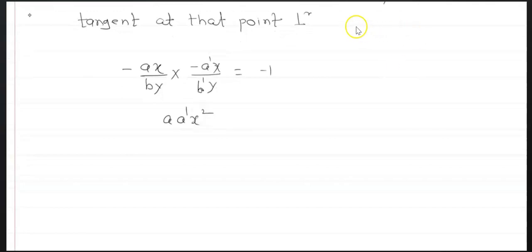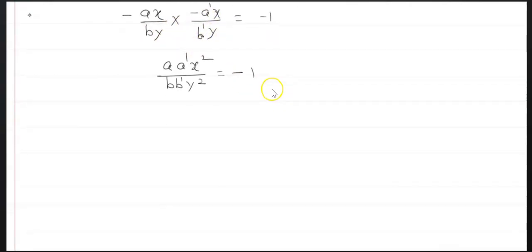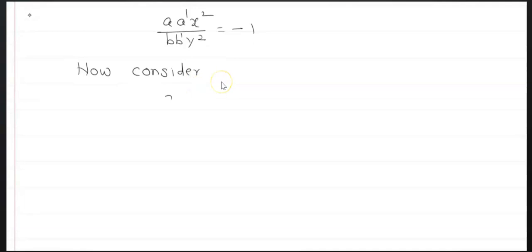And therefore the product of their slopes is minus 1: minus ax upon by into minus a dash x upon b dash y is equals to minus 1. Therefore a a dash into x square upon b b dash into y square is equals to minus 1.